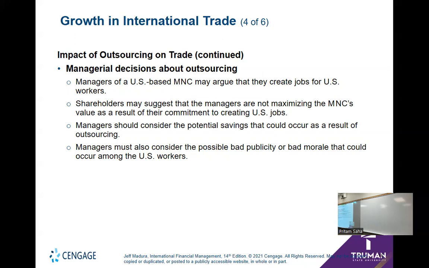Because from the first class, we know the goal or objective of financial managers: maximize shareholders' wealth. How can they do so? If they go for outsourcing, they can reduce costs, they can make their investments more profitable, right? But at the same time, big corporations have some sort of corporate social responsibility for their home country economy, for their home country society, right?